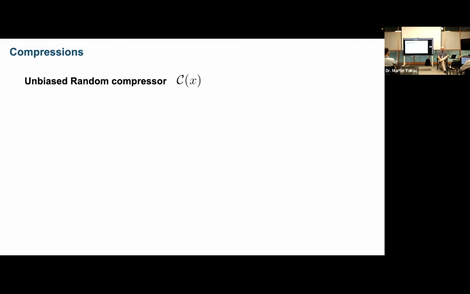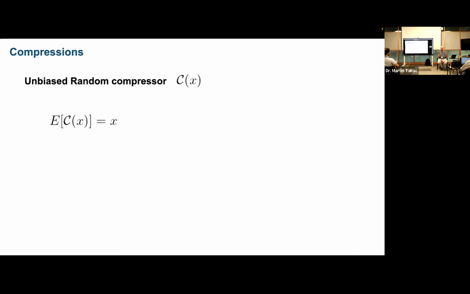So this is the compression. Compression is some function. In this case, maybe it's a random function, which takes the vector x or number x and produces maybe fewer bits. Okay, think about this one. If I have a number from 0 to 1, a float, I need to store how many bits? 32 bits, right?